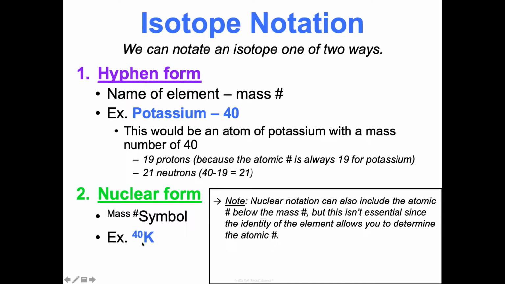So I don't necessarily need to put a 19 right here because I know that potassium has an atomic number of 19. So it's almost like redundant in this situation because if I know potassium, I know atomic number 19. If I know atomic number 19, I know potassium. But here's a notation just so you can see it, and it would look like this.